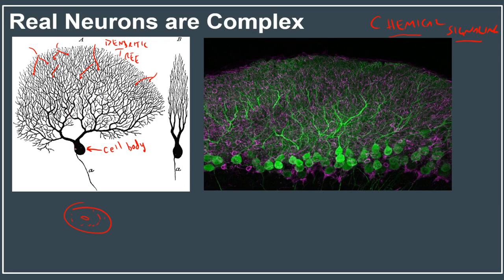And then there's a cell body, and the information coming in, we'll learn toward the end, is all going to get converted into electrical signals. And the cell is going to have to make a choice whether to send a pulse of electricity down this wire. And this wire is an axon.